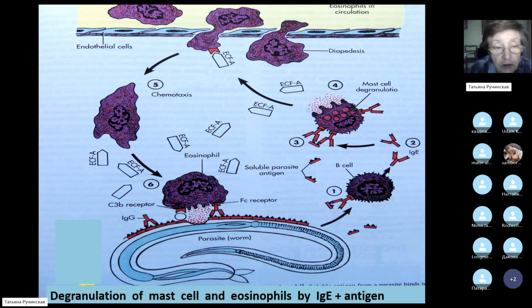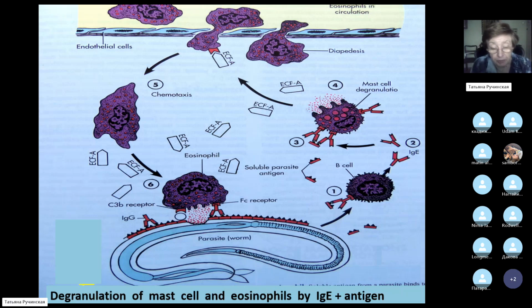Further, these eosinophils will come to the region where the parasite is located. And you see there appears immunoglobulin, C3b receptors are there, and immunoglobulin G, which works as opsonins.